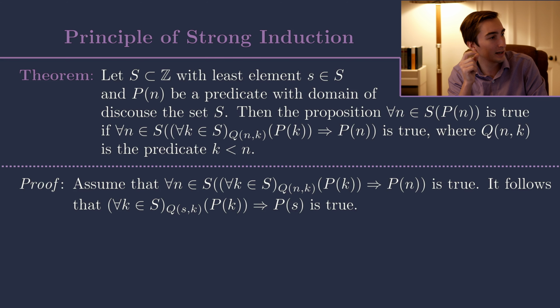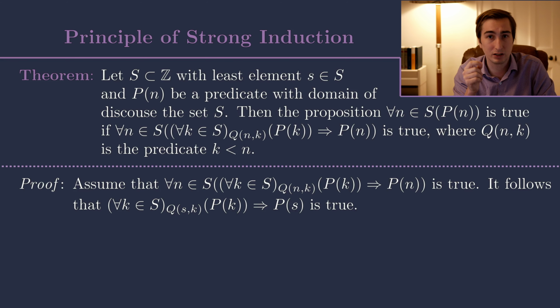Now, let's think about this restricted quantifier Q(s, k). What values of k does that restrict us to? Well, that's all the values of k that are less than s, and k also has to be in this big set S. But because little s is the least element of S, there are no values of k that are less than s.